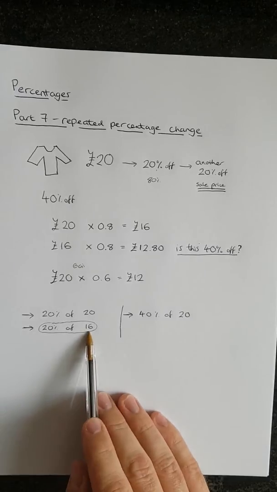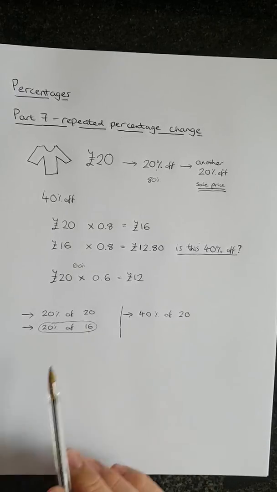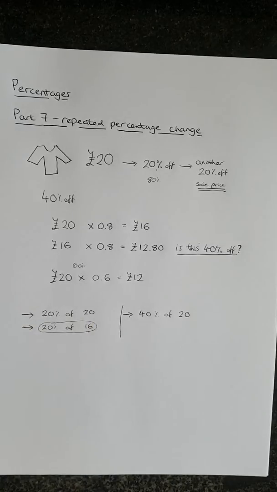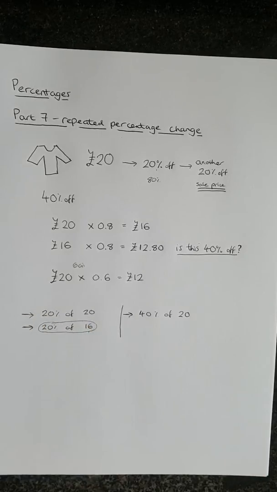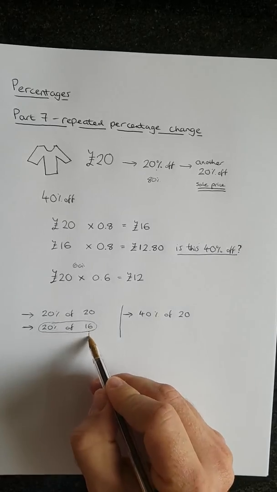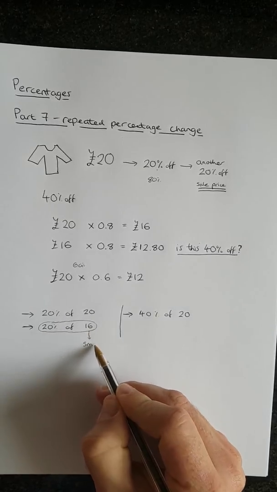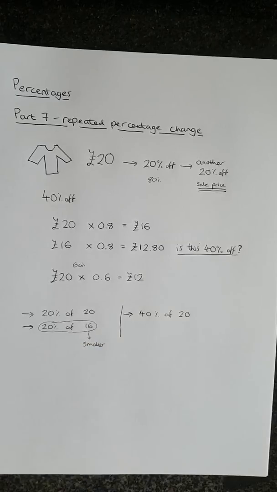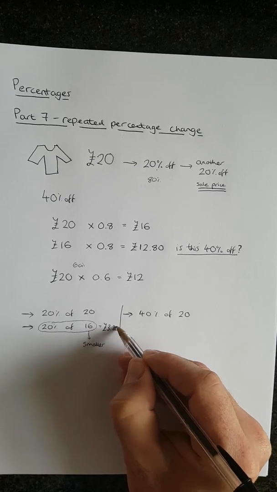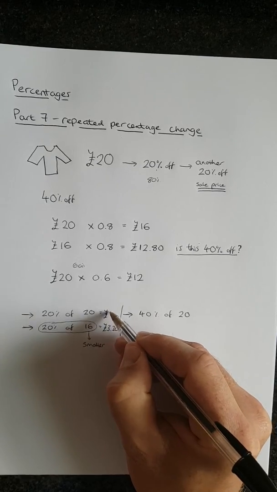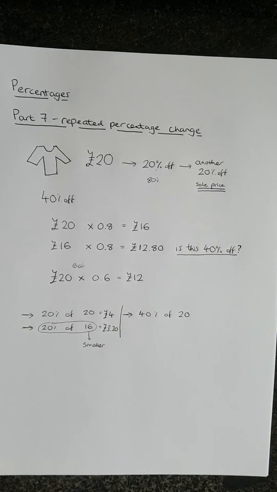20% of 16 is not the same as 20% of 20. What that will mean is that this isn't the same as 40% of 20. In fact, 20% of 16 will be smaller. In fact, it is £3.20 compared to £4.